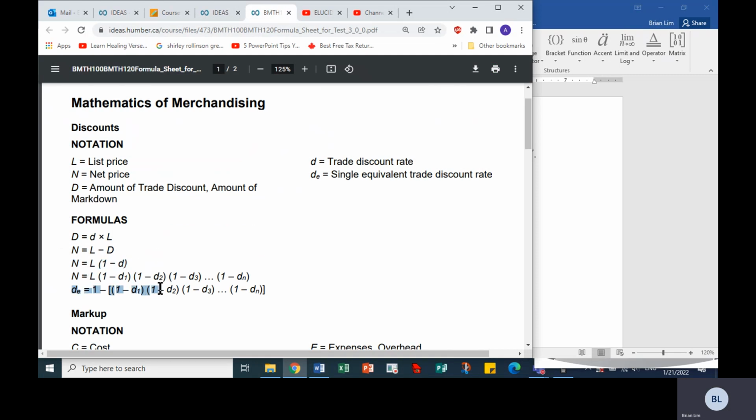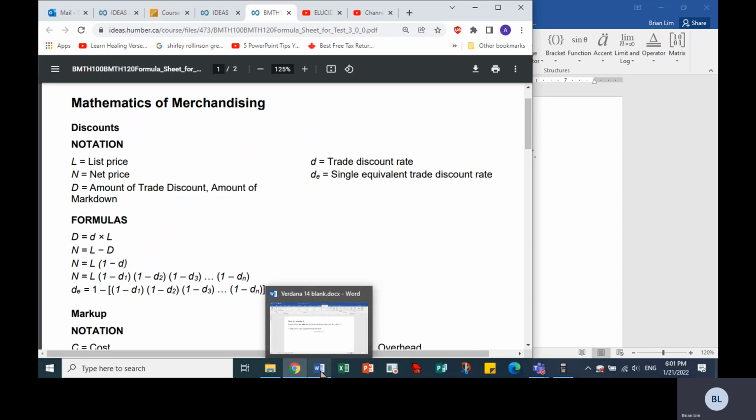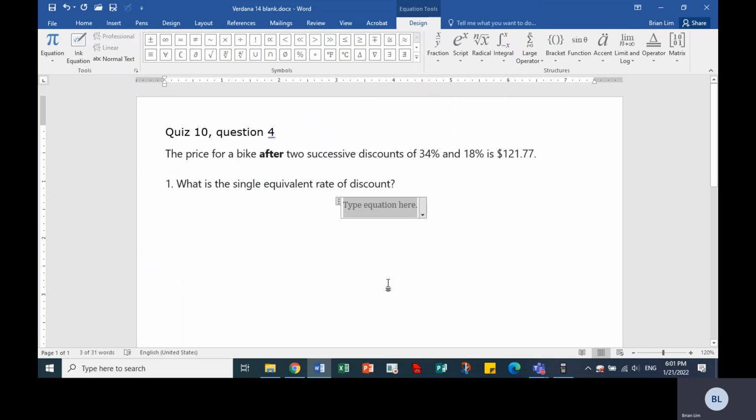We only have 2 discounts in this case, so we'll stop it right here. The single equivalent rate of discount is equal to 1 minus parentheses 1 minus D1 times parentheses 1 minus D2. So let's put that in our Word document.